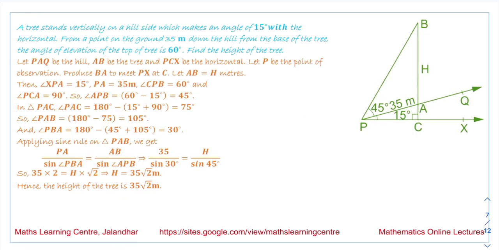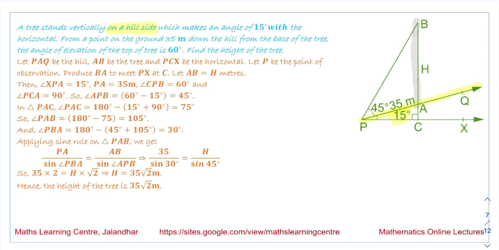Next is a tree stands vertically on a hillside. Suppose this is the hill PAQ, which makes an angle of 15 degrees with the horizontal, and this is the tree we are talking about. This AB is the tree which stands on this hill.